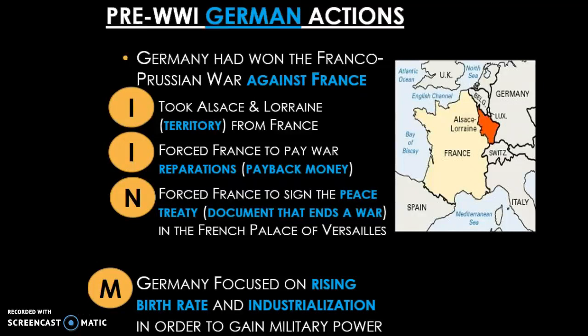And Germany also started focusing on industrialization, meaning increasing its weapon power by creating more factories and more machines and more technology. And the goal of a higher birth rate and the goal of industrialization was to use those two things in order to gain more military power. So we can see Germany is really focusing on militarism and ramping up its military.